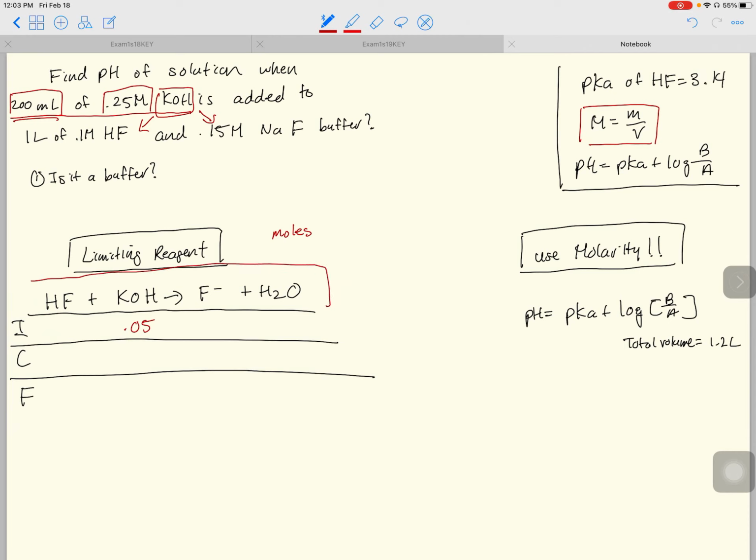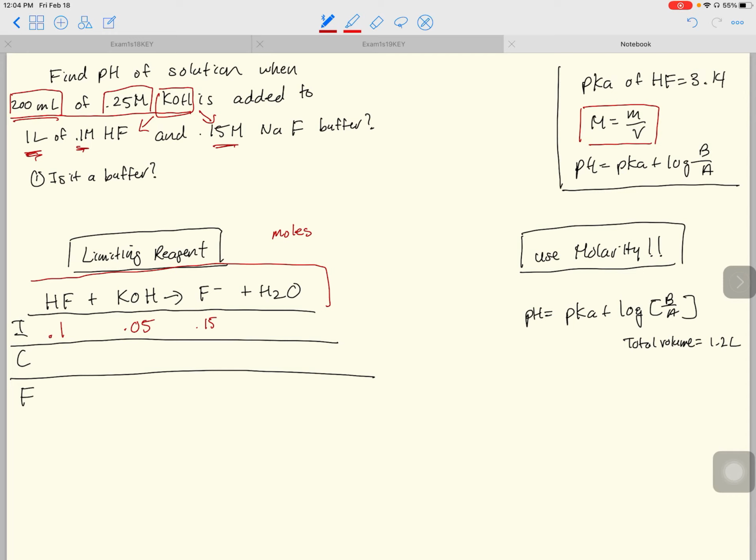We're reacting weak acid plus KOH, that gives us weak conjugate base. And like I mentioned before, we know how to find the moles of KOH. Now, how do we find moles of HF? Well, we have molarity and volume, and therefore the moles should just be 0.1. And the moles for F minus is molarity times volume, which is 0.15.